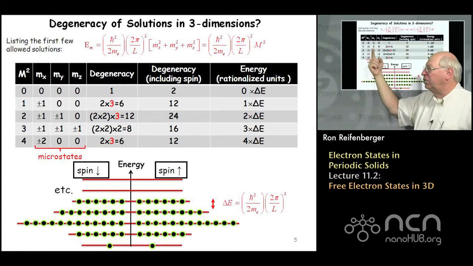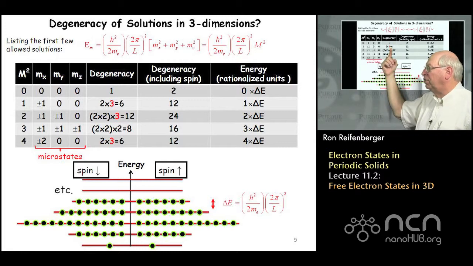But that's highly degenerate, because the quantum number plus or minus 1 could either be in m sub y or in m sub z. And so we pick up a factor of 3 in the degeneracy of this particular energy level. So this energy level, characterized by M squared equals 1, has a degeneracy of 6. The 2 comes from the plus or minus value here. The 3 comes from the fact that we can distribute that value of plus or minus 1 in 3 possible ways.